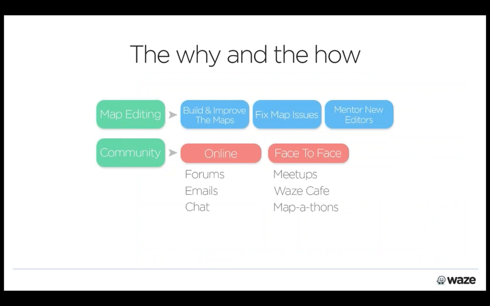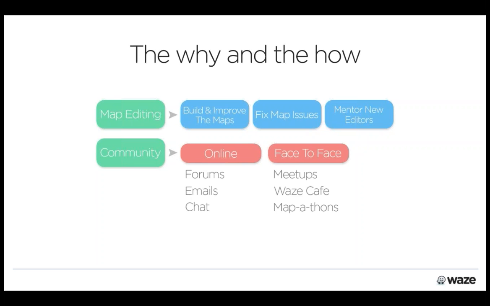So the why and the how. Because Waze is a crowdsourced platform, you might be asking, why map edit? Why is it important that people are online editing the maps? Well, nobody knows your local roads as well as you do. And so map editors online go through and they build and improve the Waze map. They fix map issues and mentor new editors.